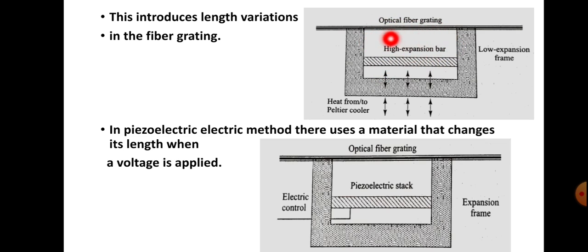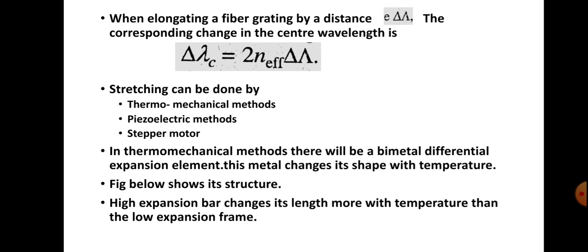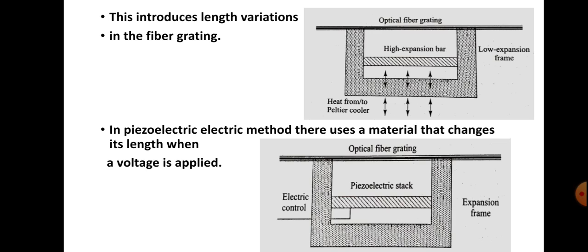That means the spacing between the grating structure will be changed. So the figure below shows the structure. The high expansion bar changes its length more with the temperature than the low expansion frame. This introduces a length variation in the fiber grating, so the corresponding wavelength selection will be changed. That means this is a tuning process. So this fiber grating acts as a tunable filter.